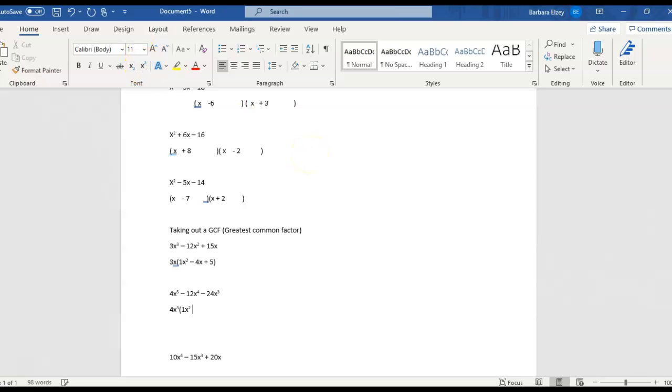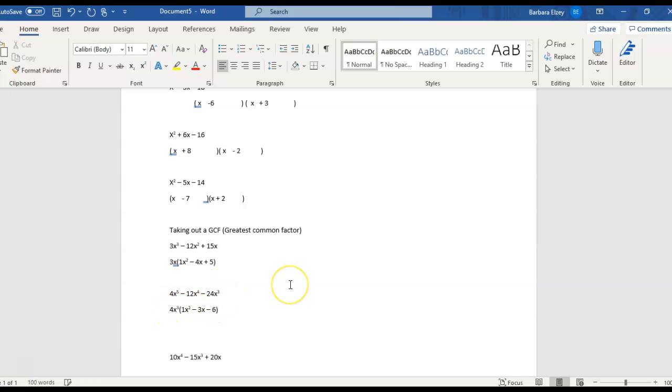And then 4 into 12 goes 3 times, and the 4 minus the 3 gives us x. And then 4 goes into the 24 6 times, and the x cubed cancels out.